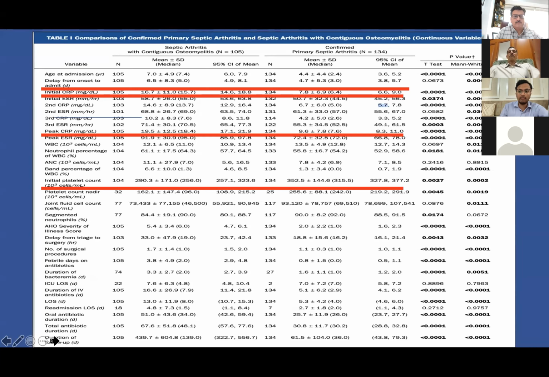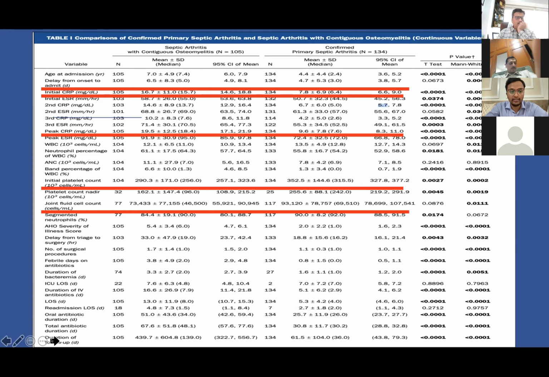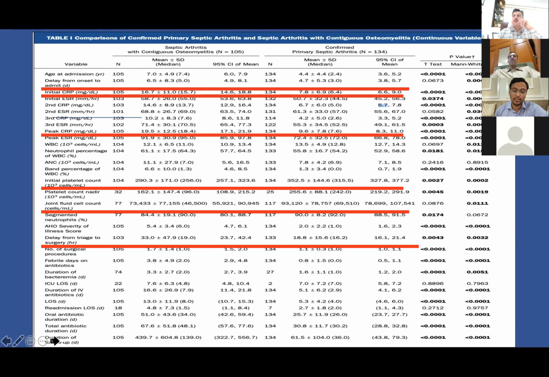The initial platelet count is low in osteomyelitis cases. Of course, the joint fluid cell count is increased in primary septic arthritis. Delay from triage to surgery, in hours: septic arthritis is drained within a day, but with associated osteomyelitis, they wait for a day or a day and a half.